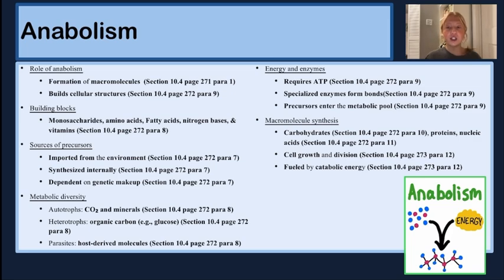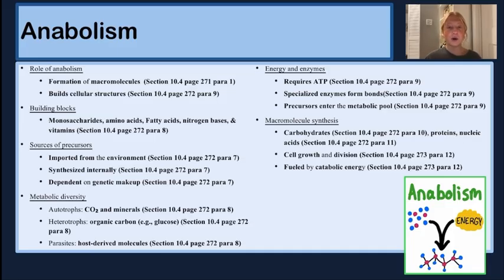Once precursor molecules enter the metabolic pool, they become available for polymer synthesis. All anabolic reactions require specialized enzymes and ATP to form chemical bonds. Anabolism includes carbohydrate biosynthesis, which ensures an adequate supply of glucose and other sugars for structural and storage purposes.